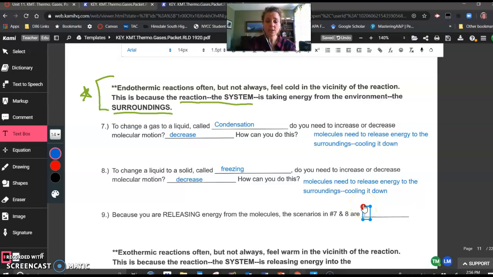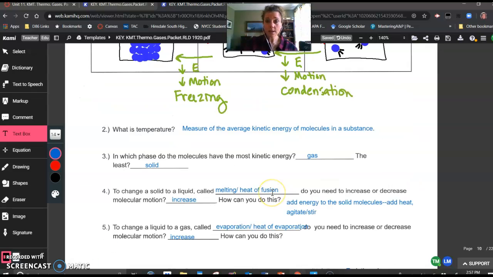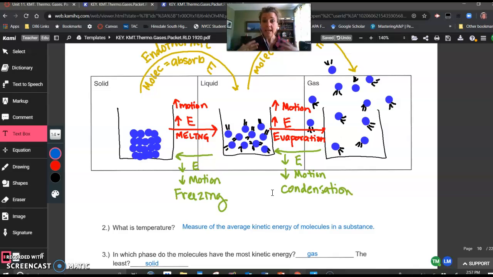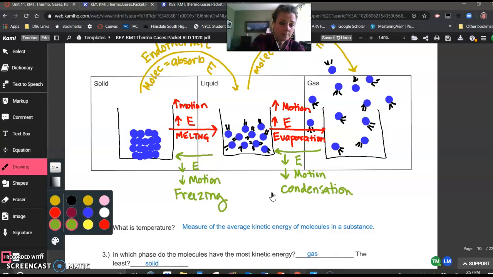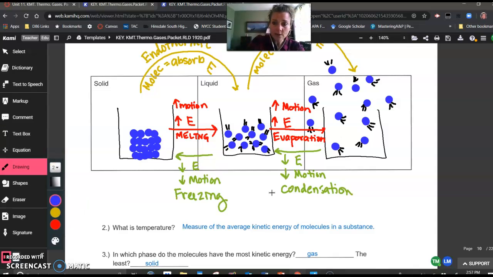The type of reaction that we have here is called exothermic. And the reason why is because energy has to exit the system and enter the surroundings. So it's exiting, exothermic. Energy is exiting the molecules themselves. And so let me grab my pen here. All right, and so here, to go from a gas to a liquid, this is exothermic.